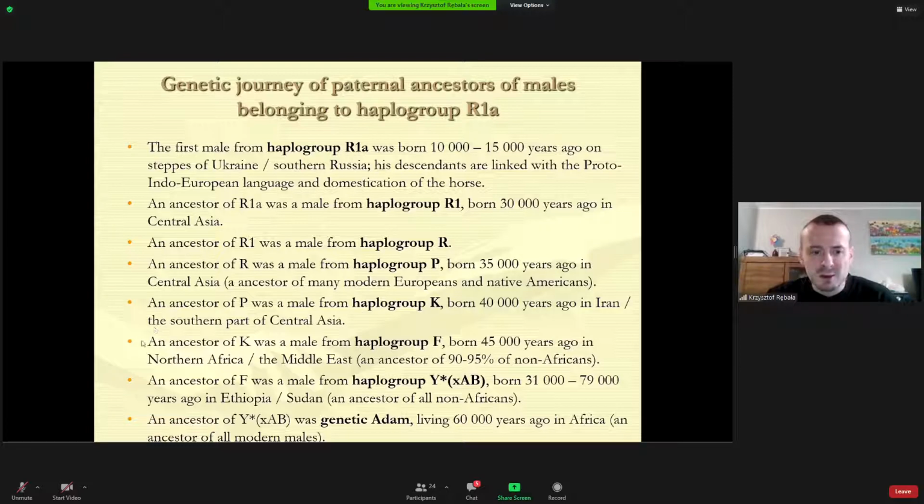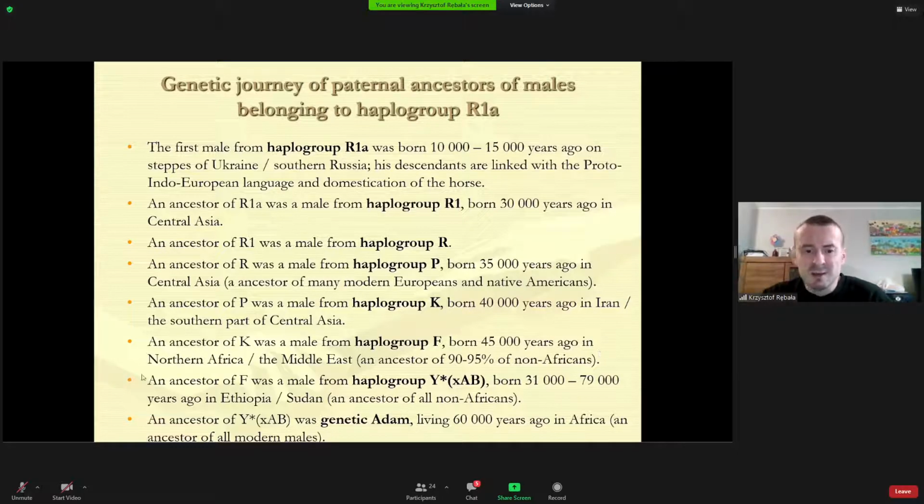Okay, an ancestor of K was a male from haplogroup F, born 45,000 years ago in Northern Africa or the Middle East, which is an ancestor of the vast majority, 90 to 95%, of non-Africans.